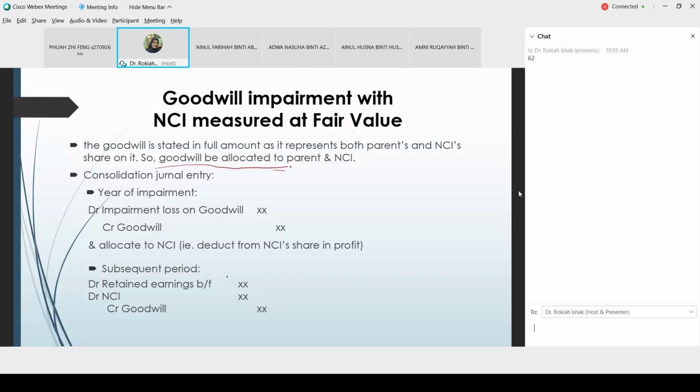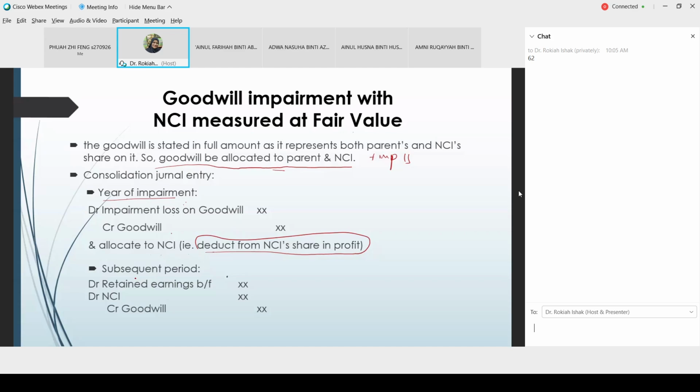So the goodwill is going to be allocated to parent and the NCI, together with the impairment loss also being allocated to both parent and NCI. The journal entry in the year of the impairment is debit impairment loss, credit goodwill. The impairment loss allocated to the NCI is going to be deducted from the NCI's share of profit.